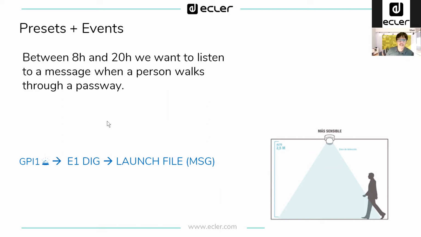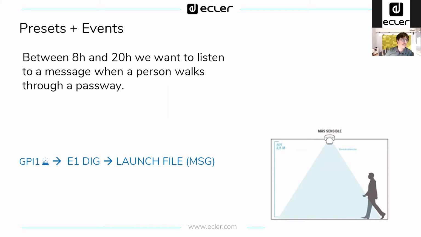We would have a GPI event, a digital event simple, which is activated by GPI 1, which is the sensor. The sensor would be connected to GPI 1, and then it will take an action, which will be launching a file in a computer, sending a message.